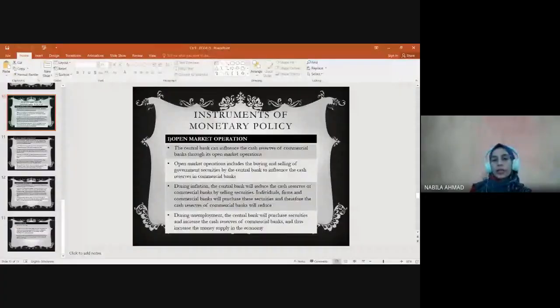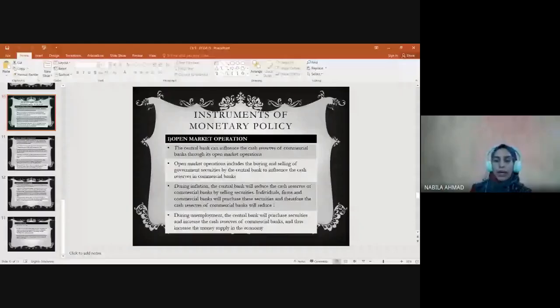So during inflation, central bank will reduce the cash reserve of commercial banks by selling security. So during inflation nak kurangkan money supply macam mana? So central bank akan jual security kepada individual, kepada firms, kepada commercial bank. So bila mereka beli, so duit akan berkurangan, so money supply akan berkurangan, jadi masalah inflation pun akan solve.